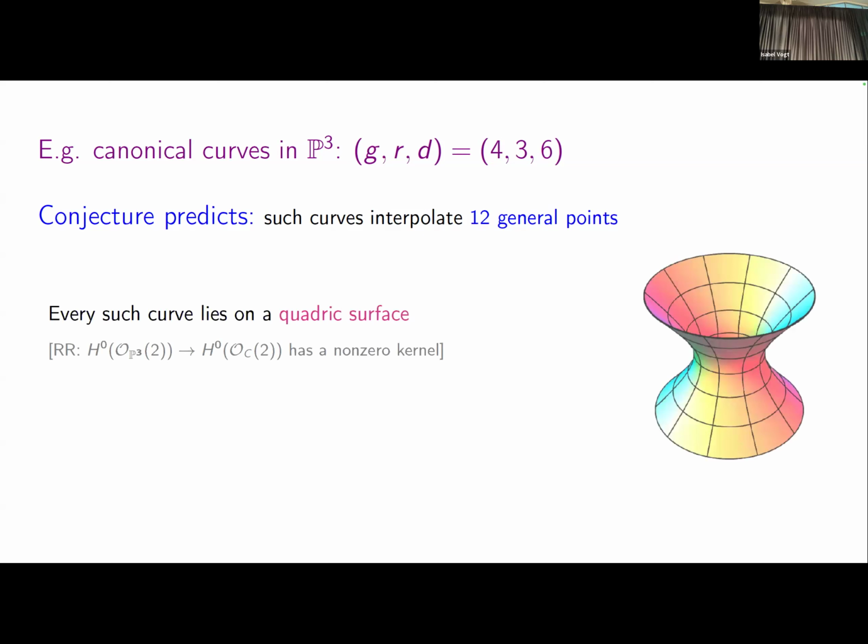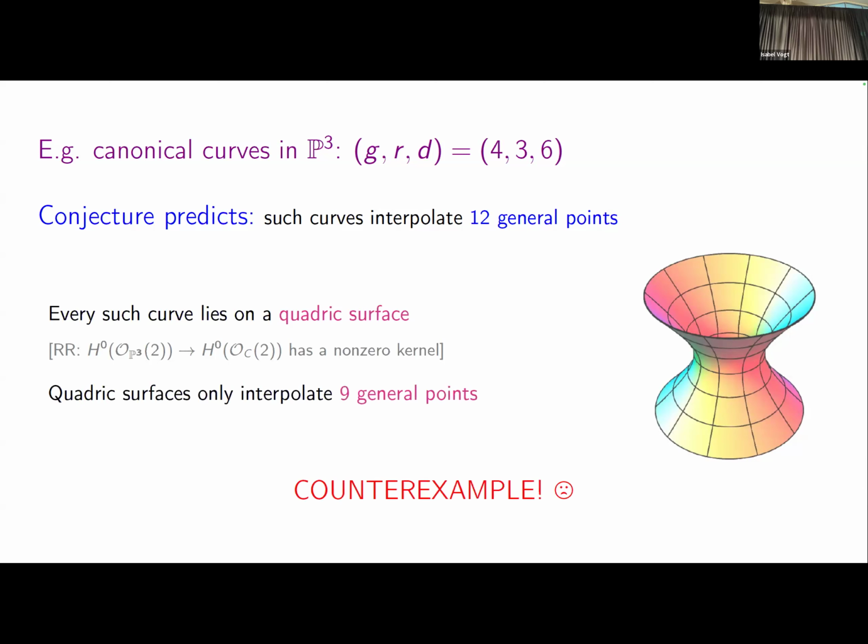They interpolate 9 general points. So is that good? We're hoping that these curves interpolate 12 general points, but any 12 points on one of these canonical curves lives on a quadric, which means that it is necessarily a special configuration of 12 points. So we have a counterexample.